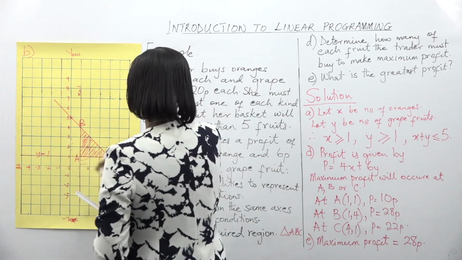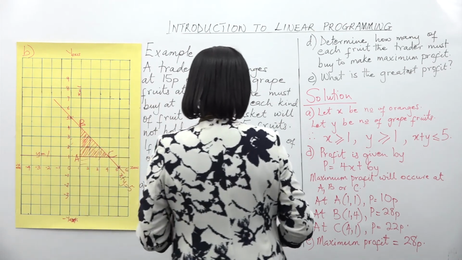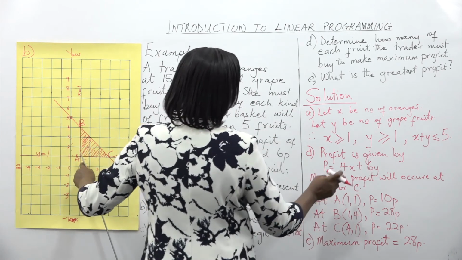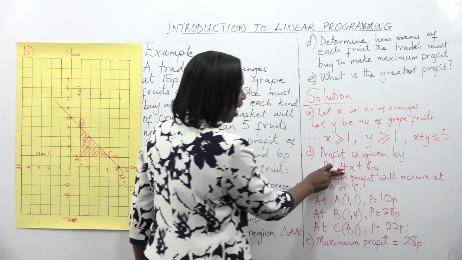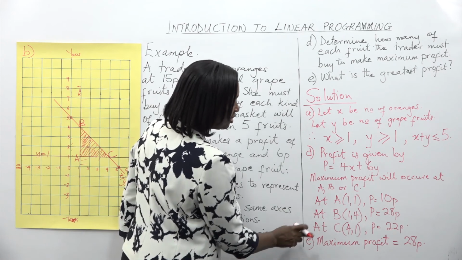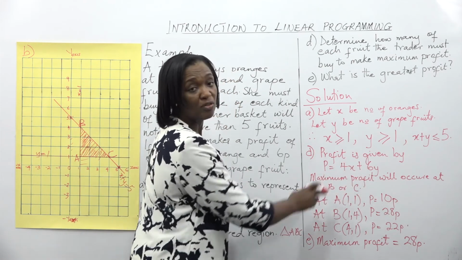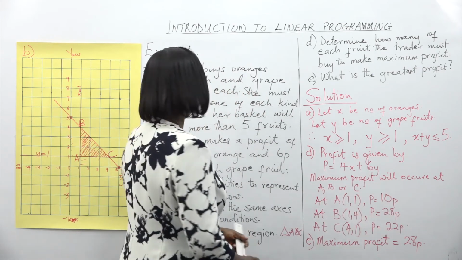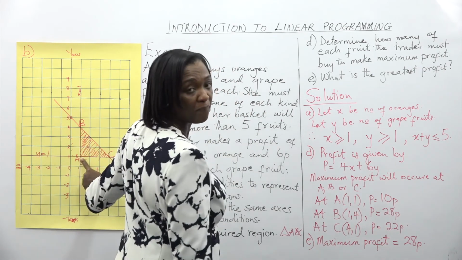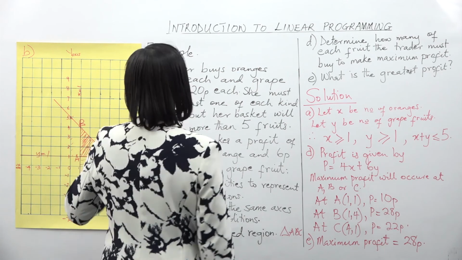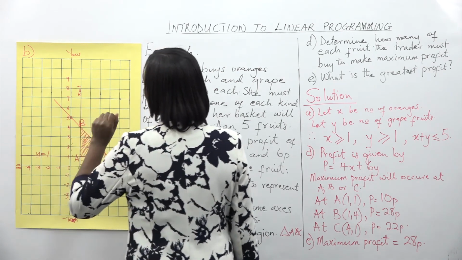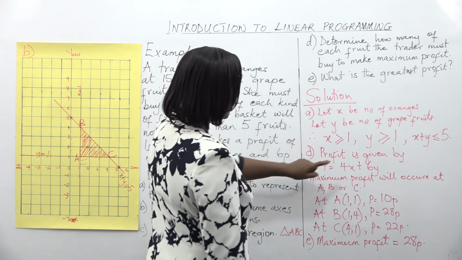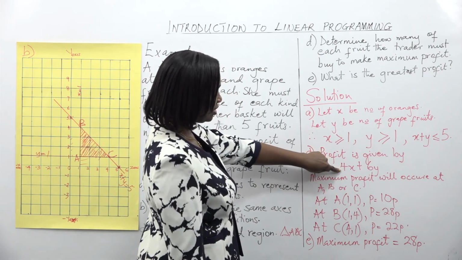So at those vertices, we take the coordinates. A is 1, 1. So that means x is 1 and y is 1. So 4x plus 6y will be equal to 10. So the profit at point A will be 10p. At point B, B is 1, 4. So that means x is 1. 4 times 1 is 4.